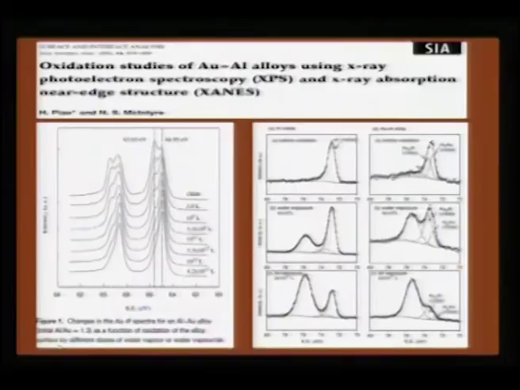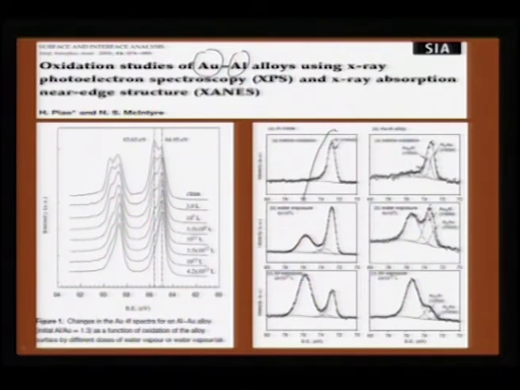And similarly, if you take an alloy and try to see what is the influence of doping gold along with aluminum, we can clearly find out that if we have gold, then the oxidation of aluminum to aluminum hydroxide or aluminum oxide can be inhibited largely because of this alloy formation with gold.